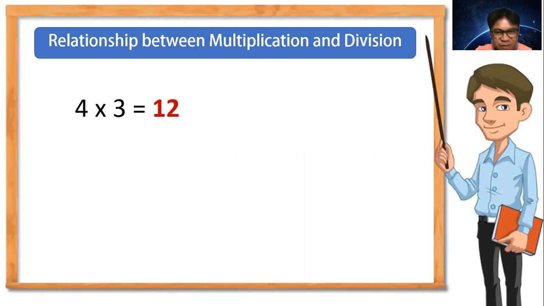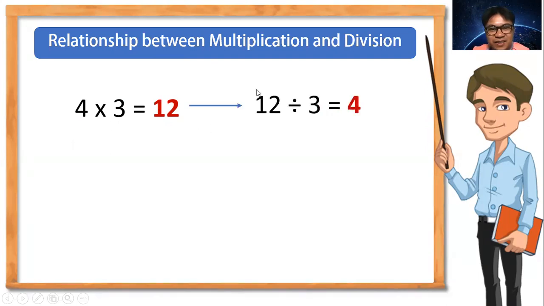relationship. Look at here how these two are related to each other. Or in other words, division is the opposite of multiplication. For example, 4 times 3 equals 12.